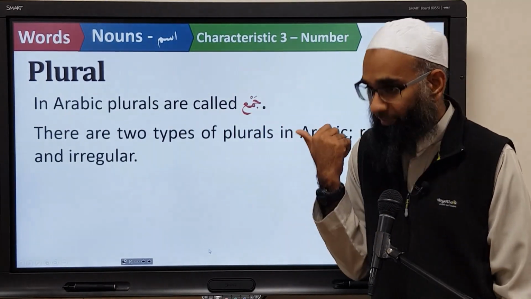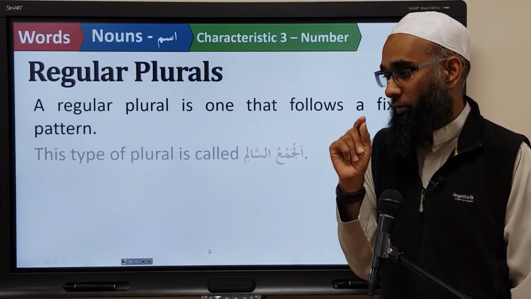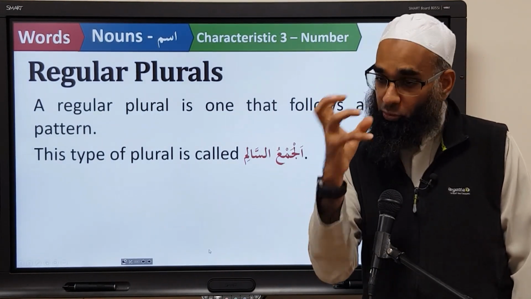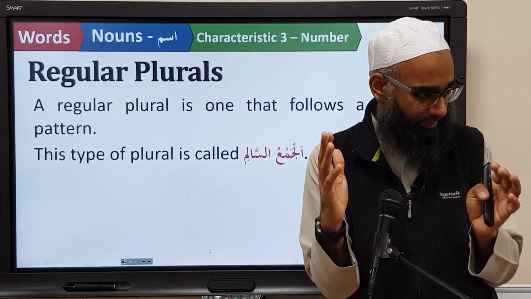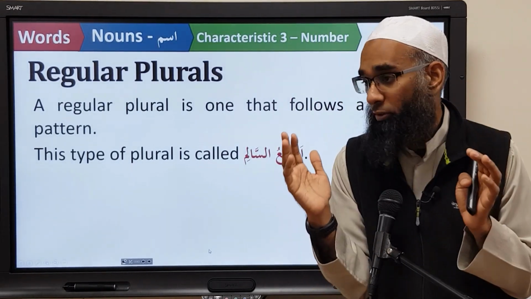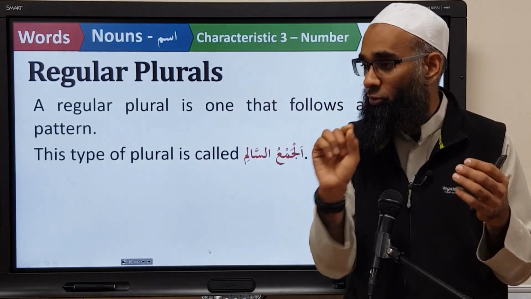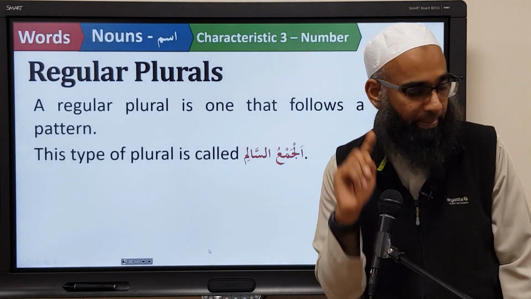So in Arabic, first of all, we know for sure that you have plurals, yes? And there are two types of plurals. One follows the rule, very simple, like you just add an S onto it. What do we call that? Al-jam'u salim.